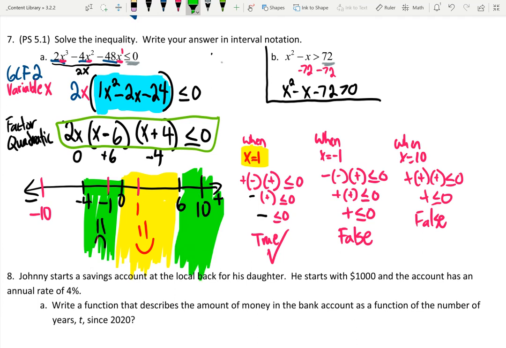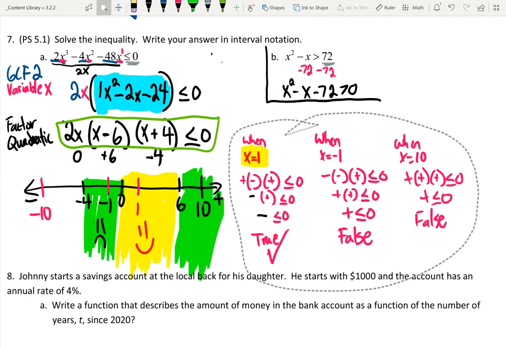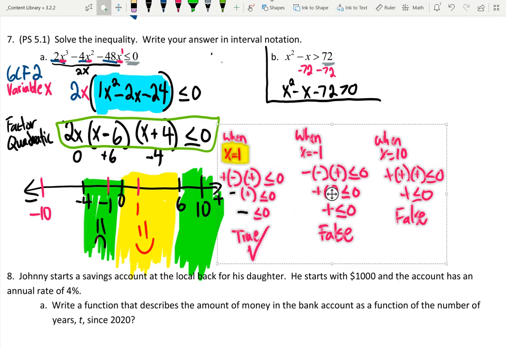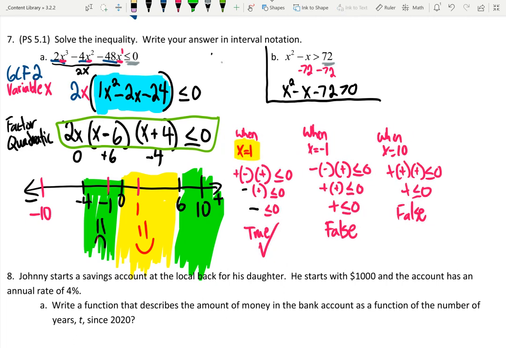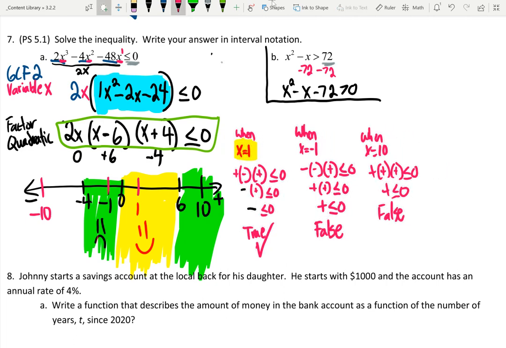Now I have one more section in my space to check. I'm going to go ahead and test when x is -10. So when x is -10, I'm going to substitute it into my inequality, which is 2 times -10 is a negative. -10 minus 6 is a negative, and -10 plus 4 is a negative.